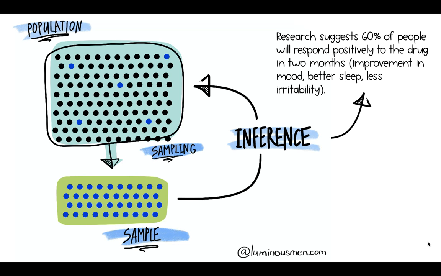That's not necessarily meaning that 60% of the entire world's population will have success with this drug, but it's an inference we can make based on that smaller sample size. We're drawing conclusions based on what we saw in the data of the smaller sample. We're making inferences from the sample back to that larger population. And it is generalizing and estimating a bit, so it's natural that there's going to be more error with inferential statistics.